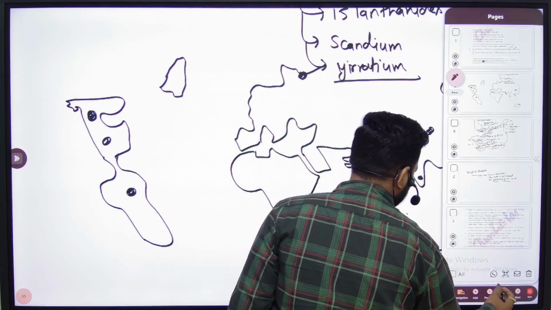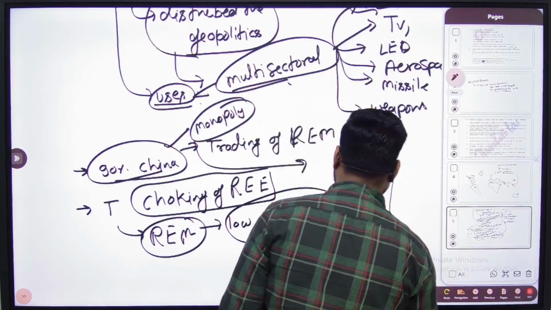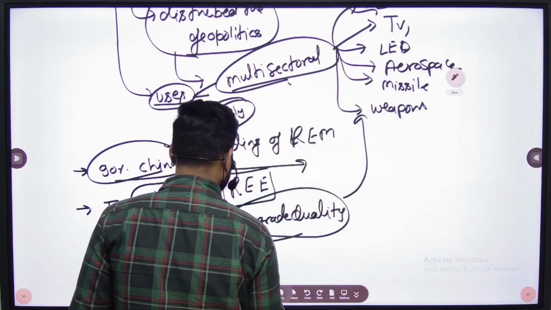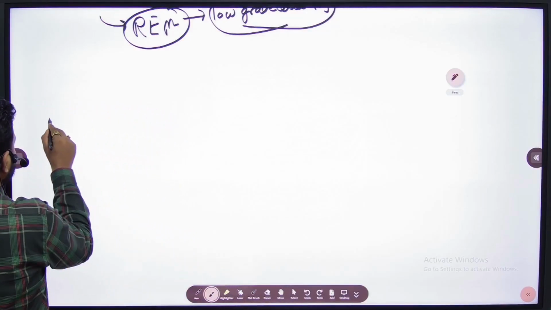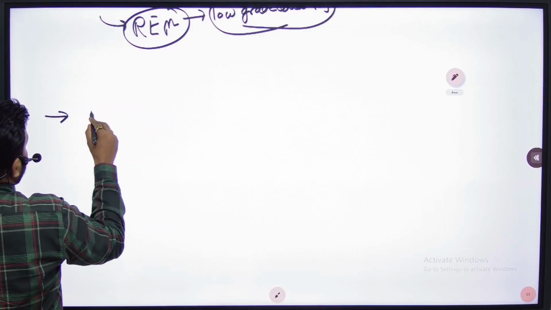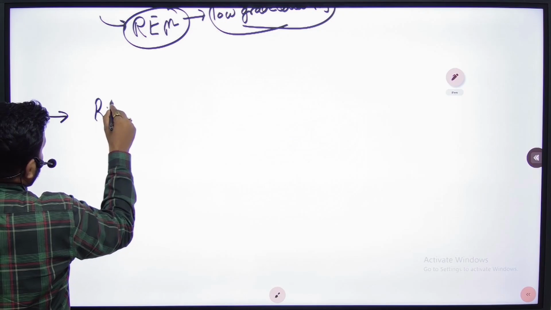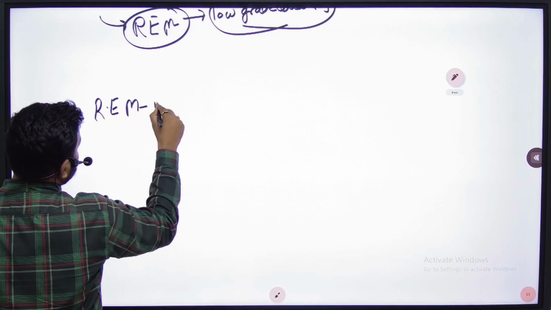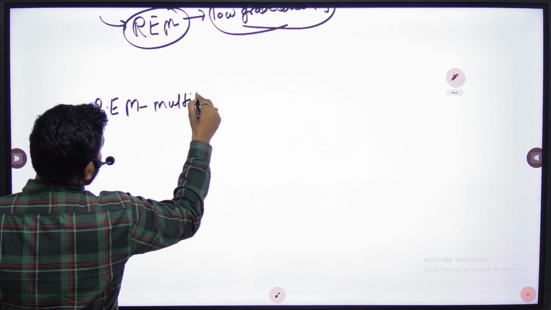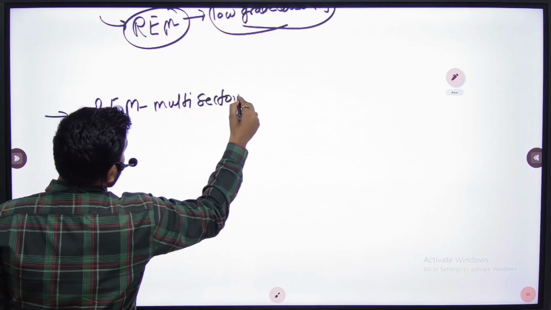And in the conclusion you can mention that the use of rare earth minerals is multi-sectoral.